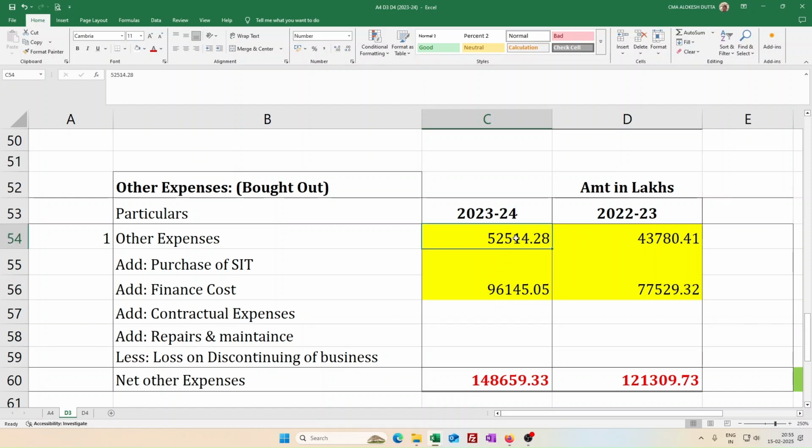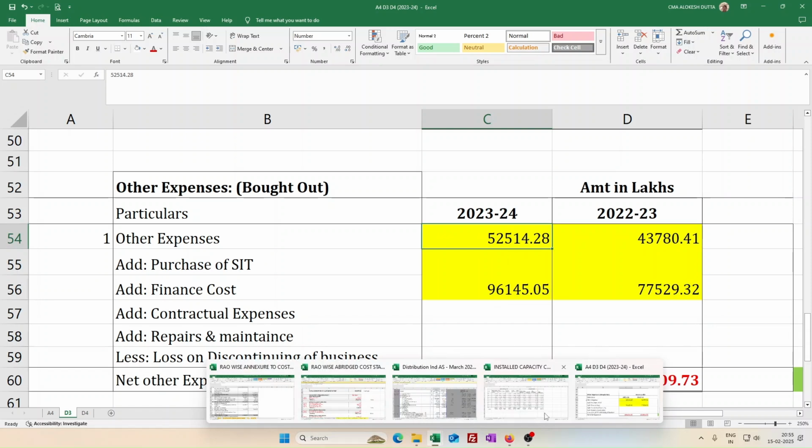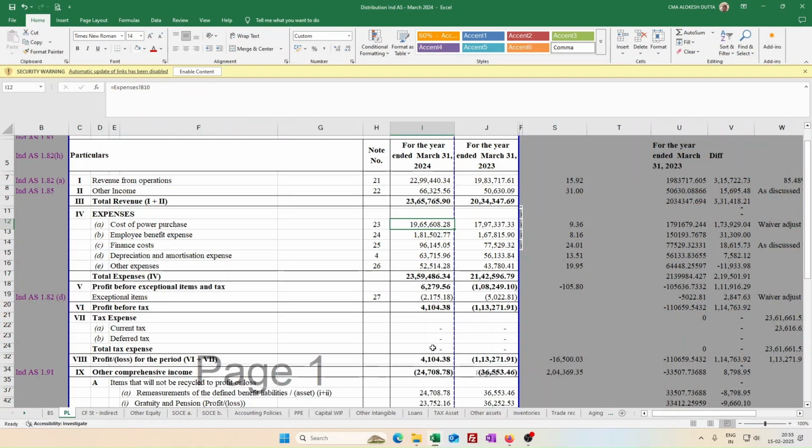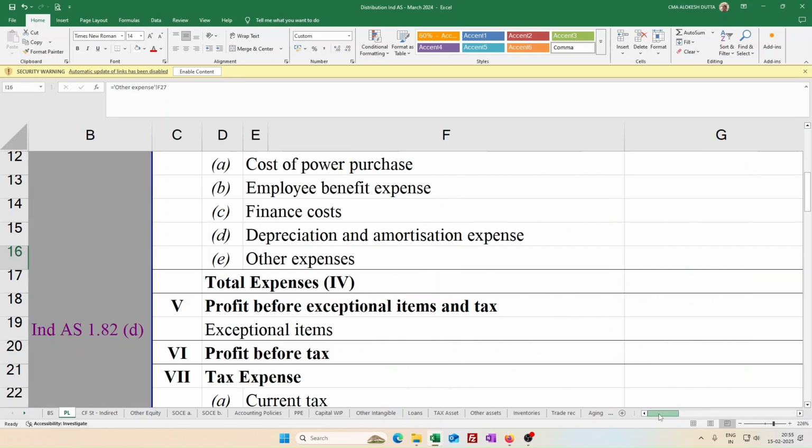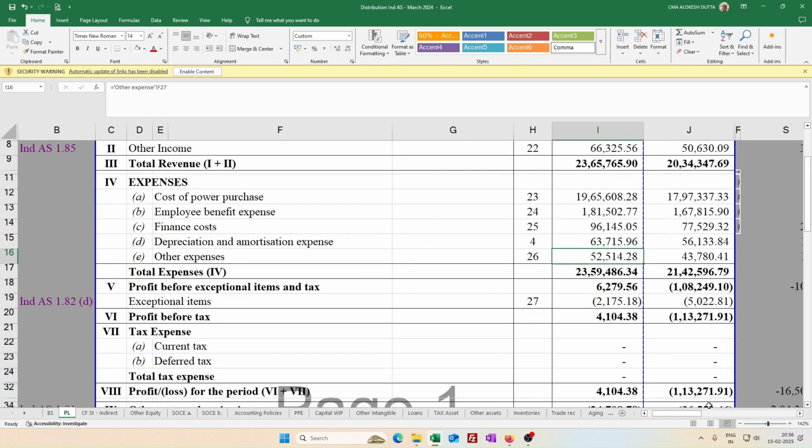Other expenses 52514.28 as per profit and loss account, and finance cost is 96,145.